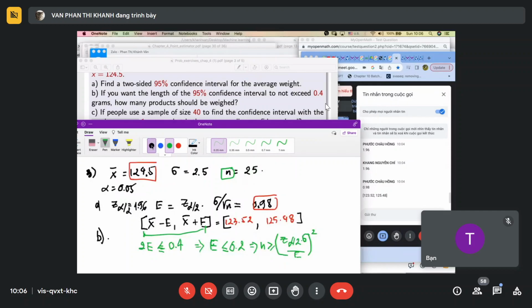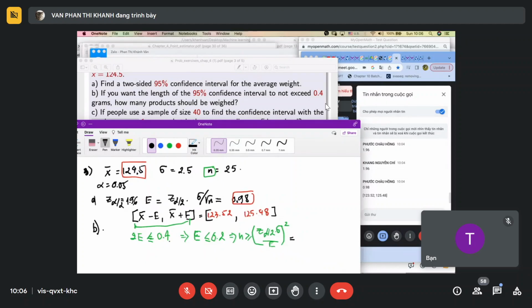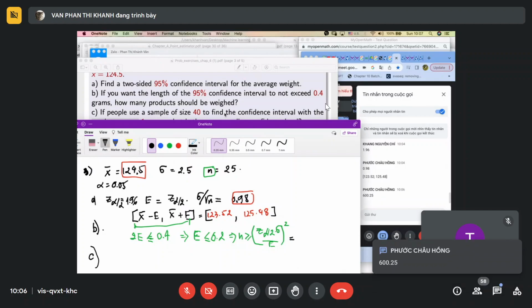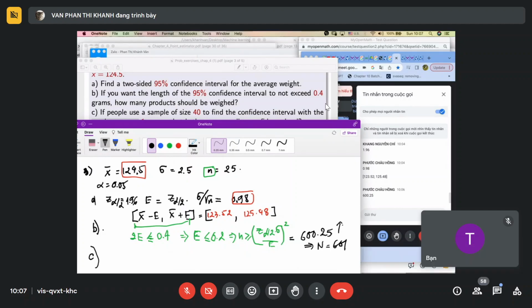And what is your value? Okay, 600.25 means that you choose n to be 601. You have to round it up. Okay.